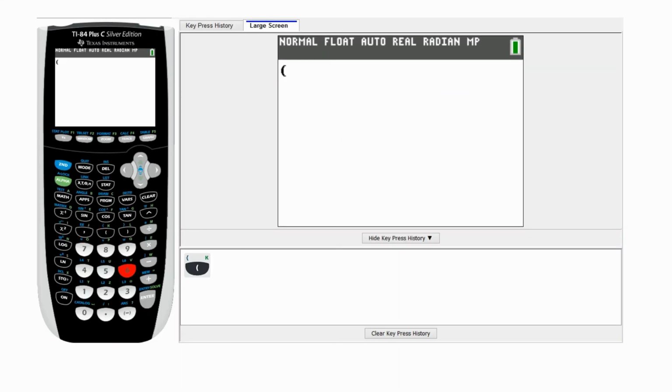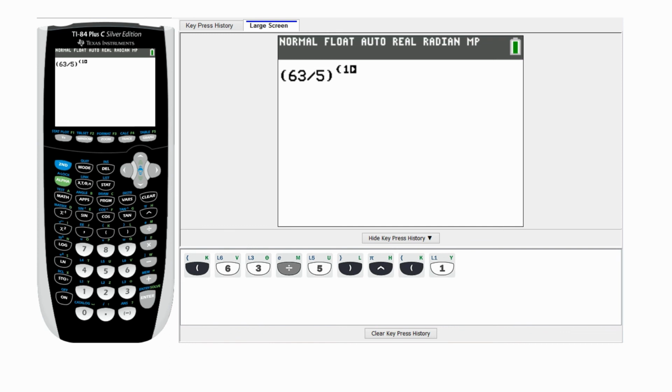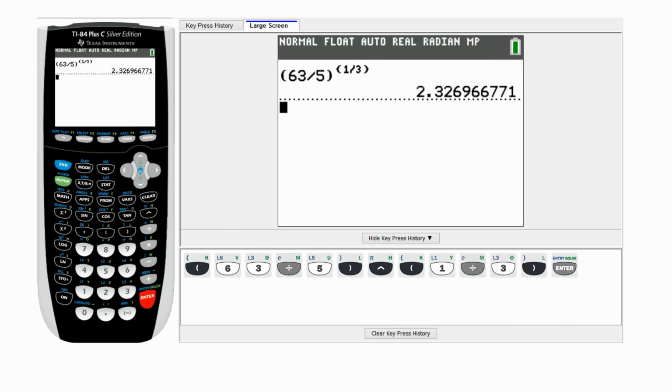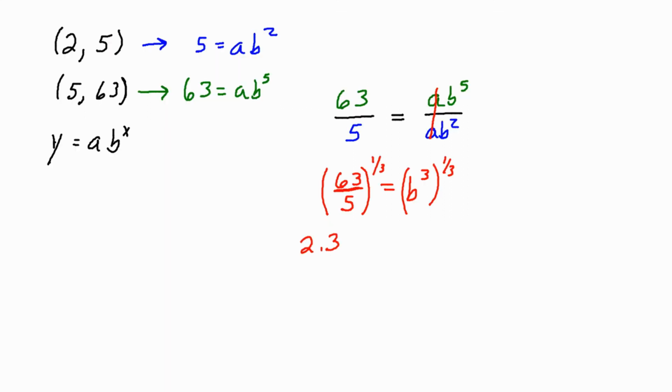Calculating, I have parenthesis 63 divided by 5, close parenthesis, to the exponent of parenthesis 1 divided by 3, close parenthesis. I have 2.326966771. Rounding to 2 decimal places, that's 2.33. So 2.33 equals b.